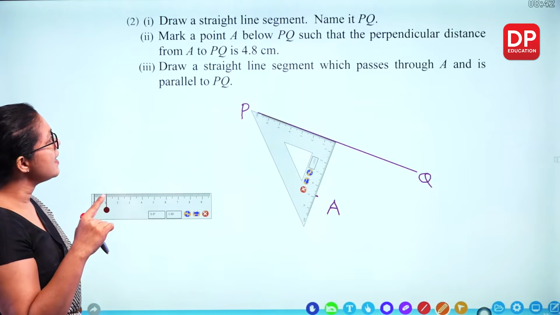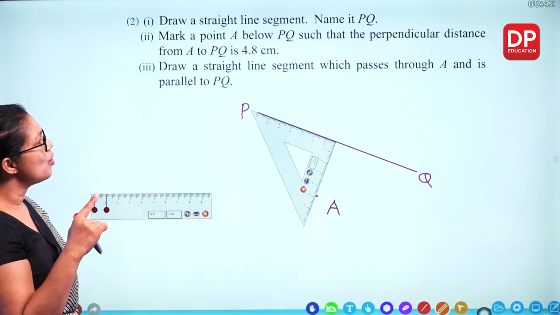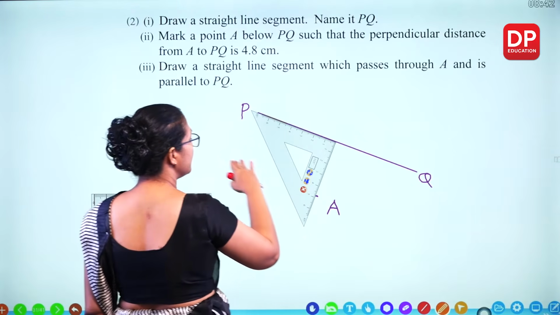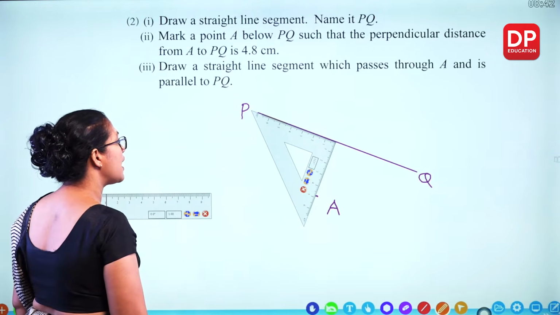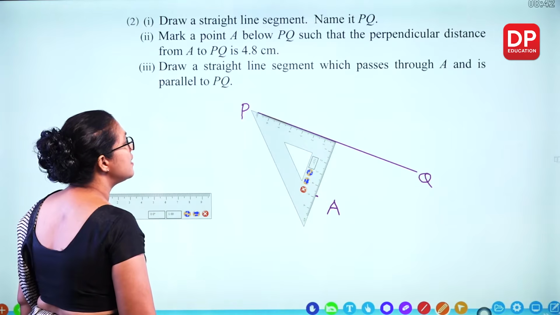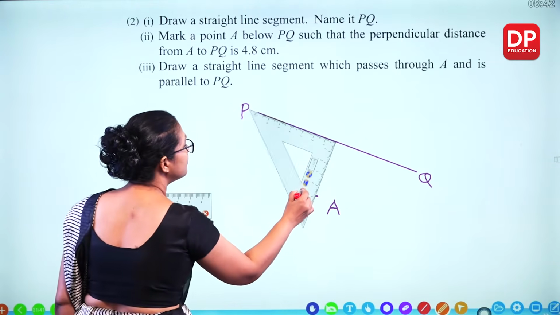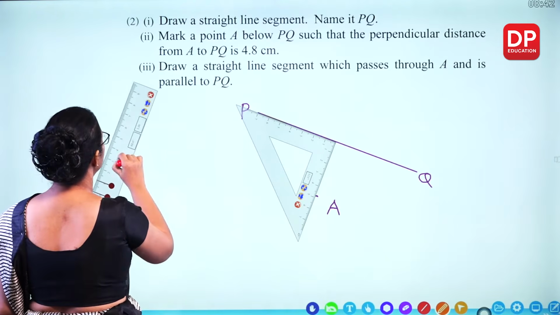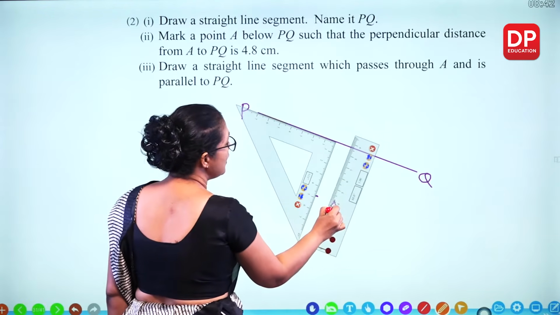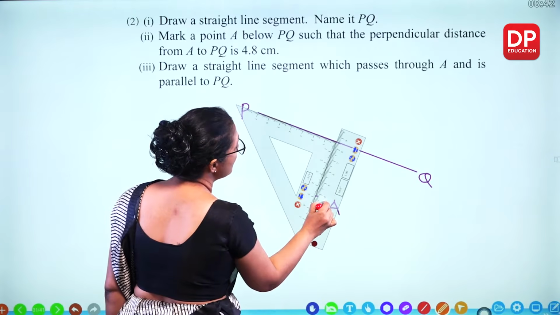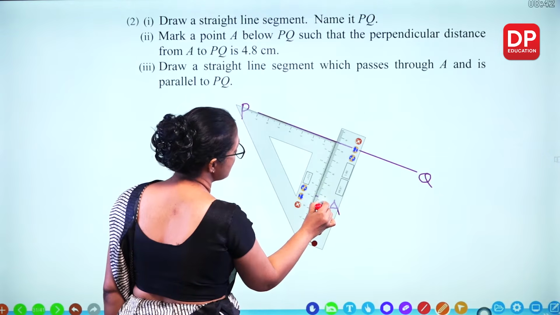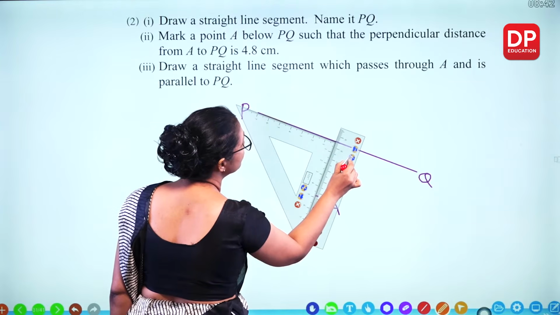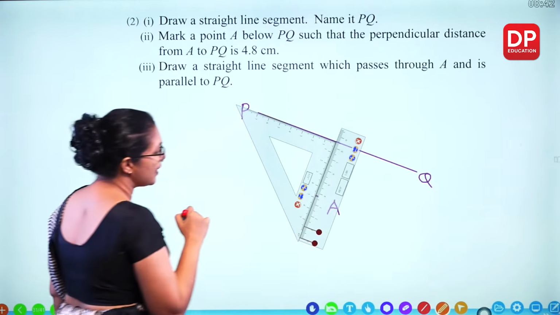Draw a straight line segment which passes through A and is parallel to PQ. So now you need to draw a parallel line. So what we can do, I can take the ruler. You need to keep it on top of this set square, like this.